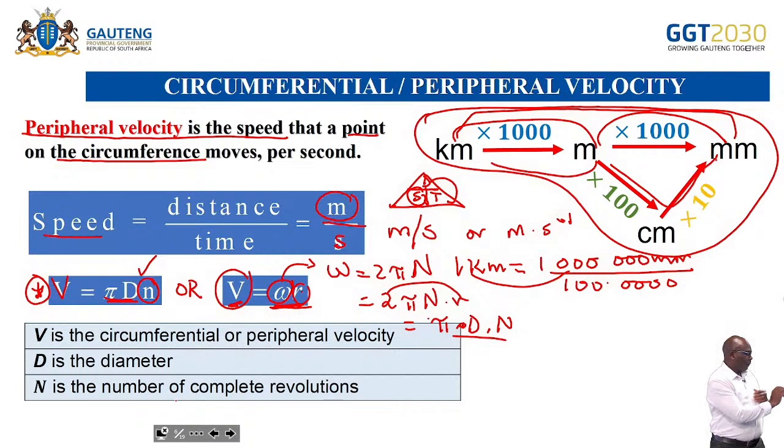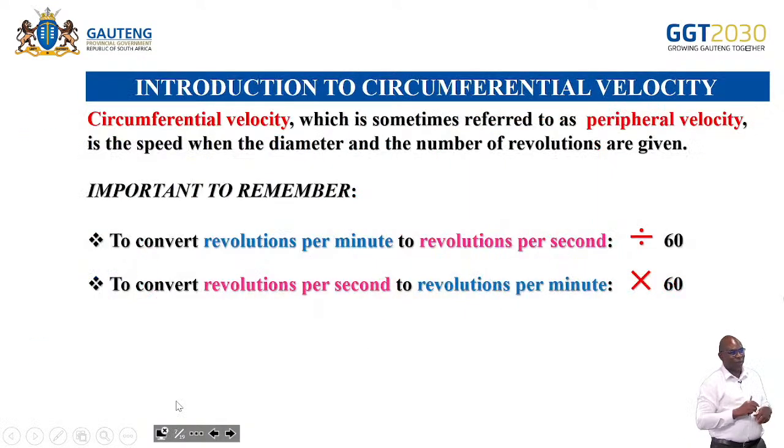Now, V, as I said, is the circumferential velocity, D is the diameter, and N is the number of complete revolutions. In that case, if they move once, it was one revolution.